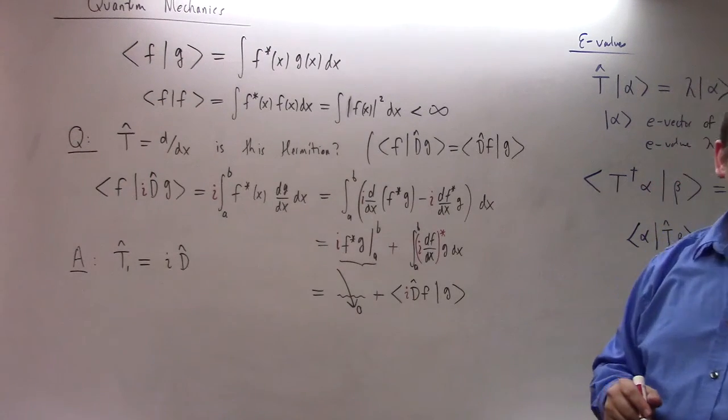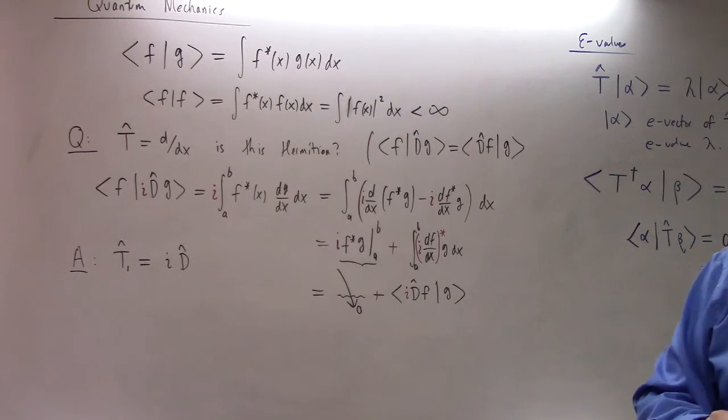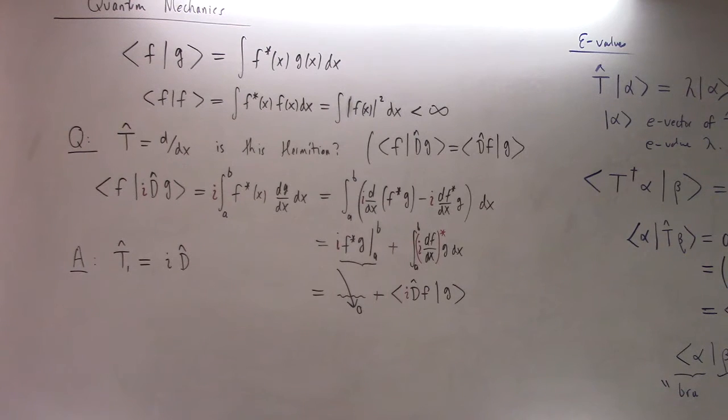And there you go. That's Hermitian. You can pass it from the bra to the ket without alteration. Okay, so if this is i times the differentiation operator, what are its eigenfunctions, rather? What are its eigenstates?